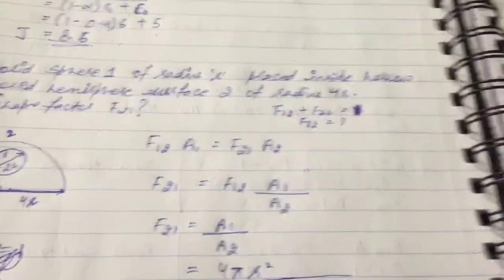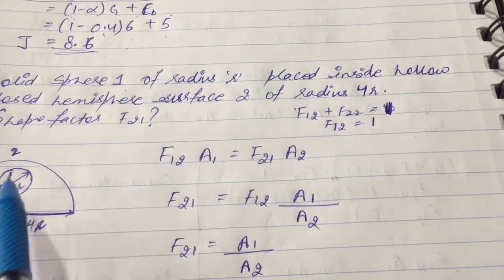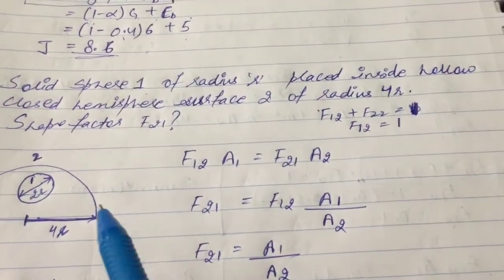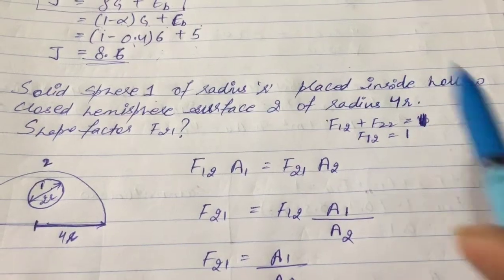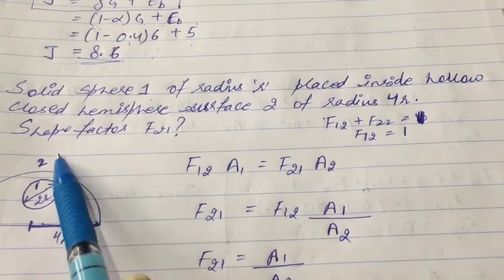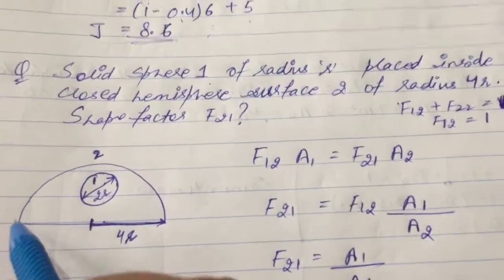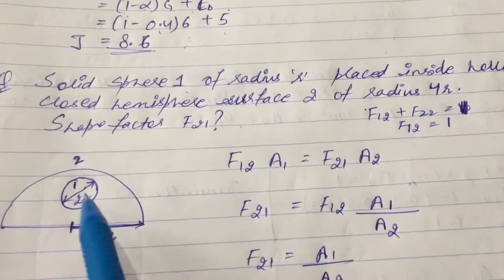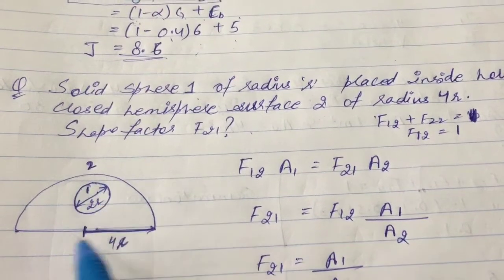Next question is, a solid sphere 1 of radius r is placed inside a hollow closed hemisphere surface 2 of radius 4r. We have to find shape factor F21. So we have a hemisphere, and inside it there is a solid sphere.